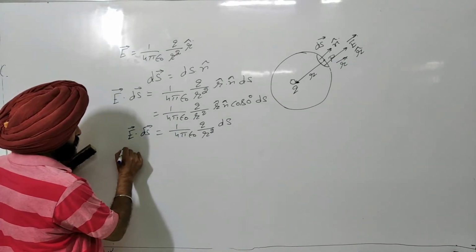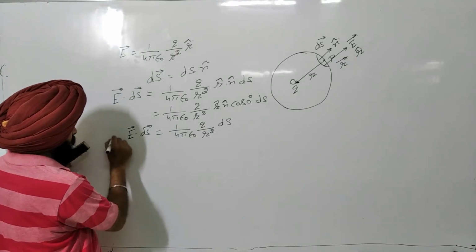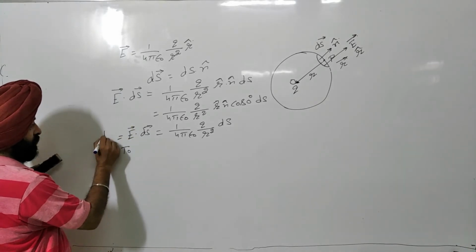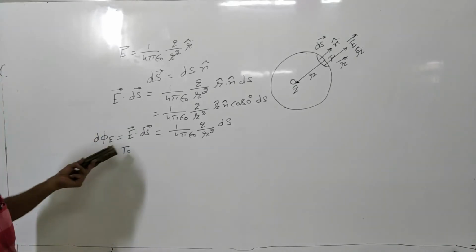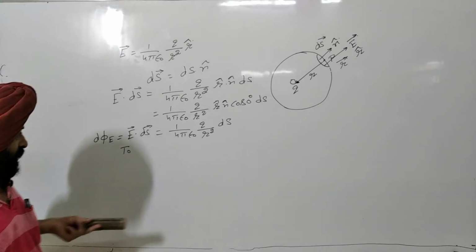To find the total flux, the small electric flux d phi E is equal to E dS through the small element.